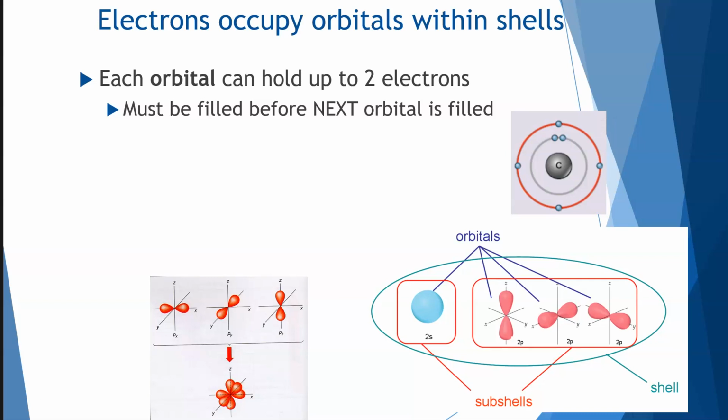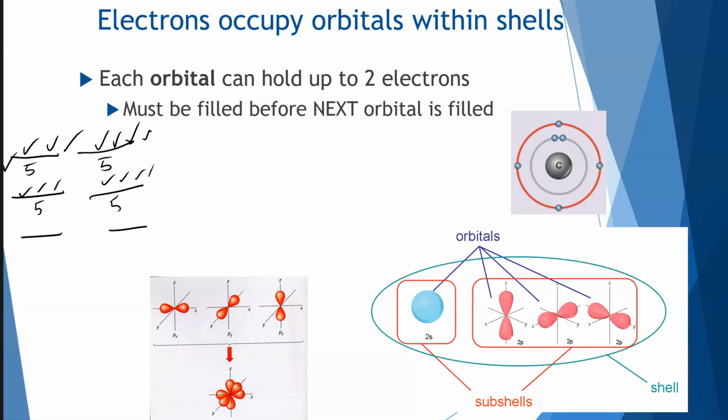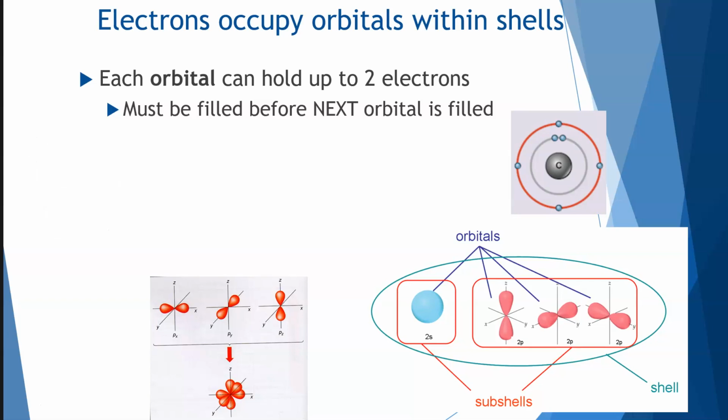Think about going into a classroom. Maybe there's a row of 5 seats here, 5 seats there. You need to fill up the first 5 seats in the first row, then we can start building our second row. After we fill those seats up, then we can go to row 3. It's the same kind of concept. We need to fill our orbital in our shell first before we can go to the next one.